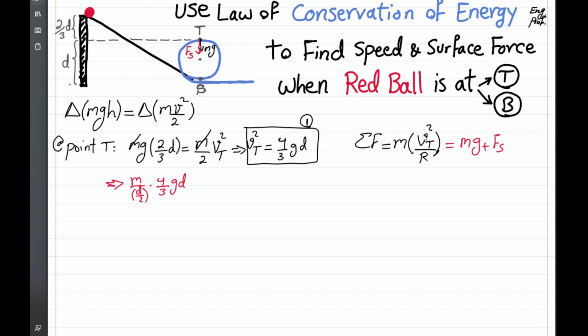That's the substitution of m v squared divided by r, equal to mg plus the Fs that I don't know on top.